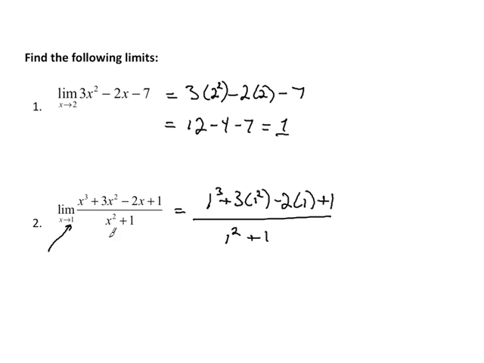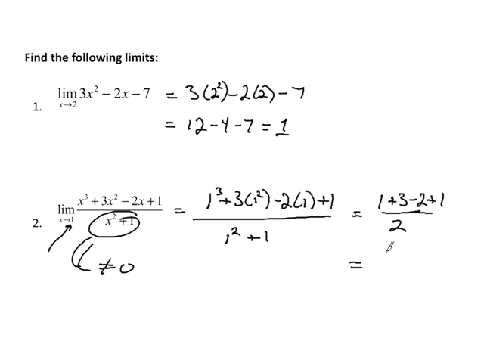Now remember, the key here is that the denominator has to be a non-zero value, which it is, because 1 squared plus 1 is 2. So I know I'm in good shape there. Now if I evaluate the numerator, I get 1 plus 3 minus 2 plus 1. So this is just going to be 3/2. So if you were to graph this and take a look at it as x approaches 1, you will see that the function is in fact approaching 3/2.